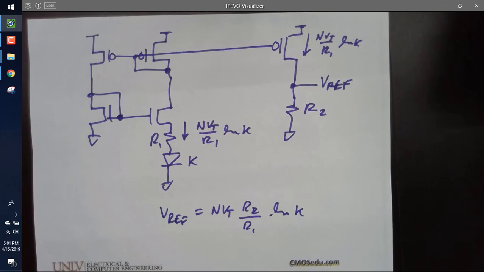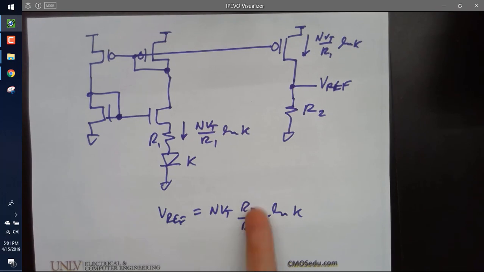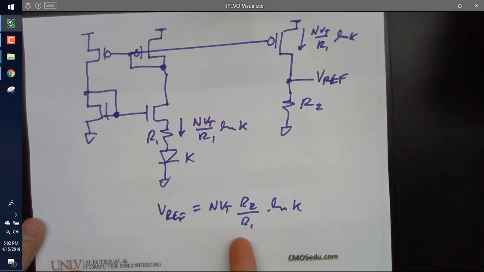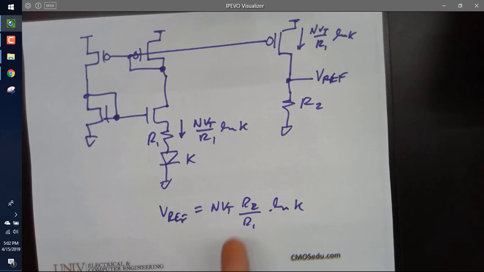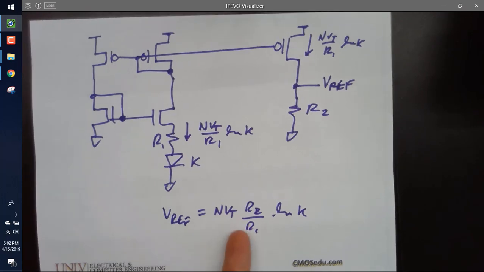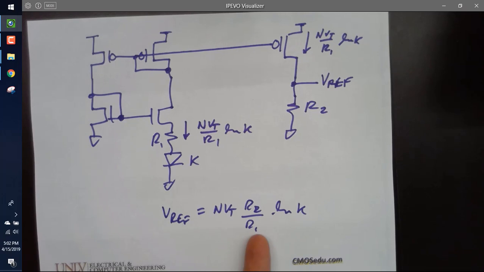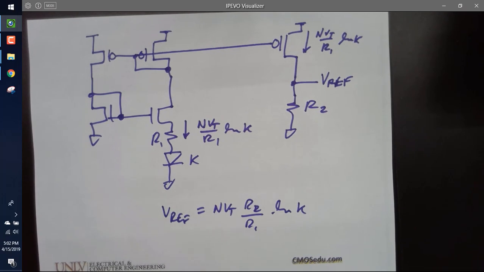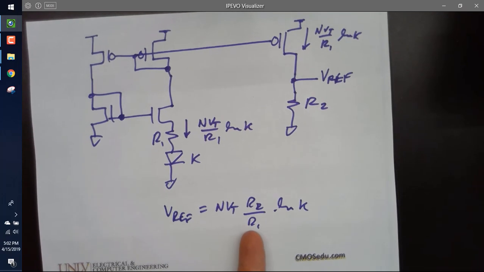As they change with temperature, what happens? They divide out. The changes divide out. So if they were the same size and they both go up by 100 ohms, then you still get the ratio of 1. If R2 was twice as big as R1, then R2 would go up by 200 ohms and R1 went up by 100, and you would still get a ratio of 2. So the resistor tempco divides out.